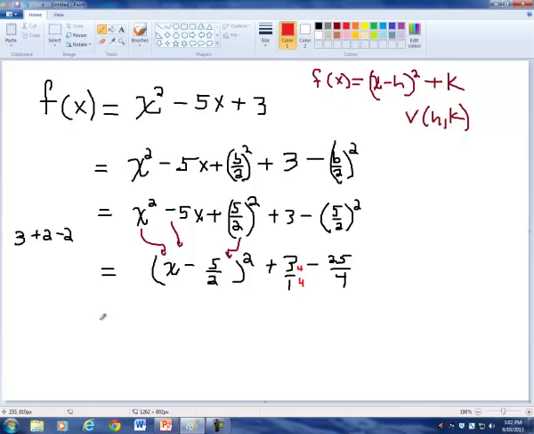And so that's going to be x minus 5 halves, close parentheses, squared, plus 3 times 4 over 4 is 12 over 4, minus 25 over 4.